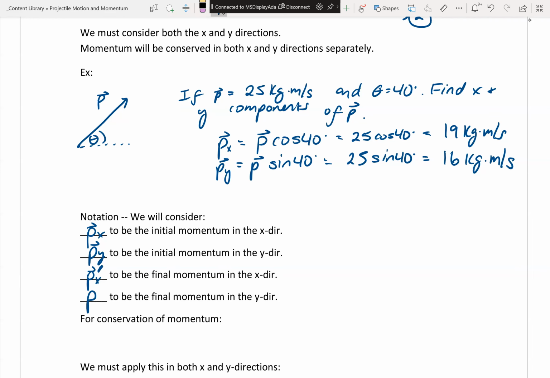In the y direction, it'll be Py prime. For the conservation of momentum, we can indicate this as delta P, which is 0. Or we could also say delta P is P final minus P initial, and we know that's 0 as well.